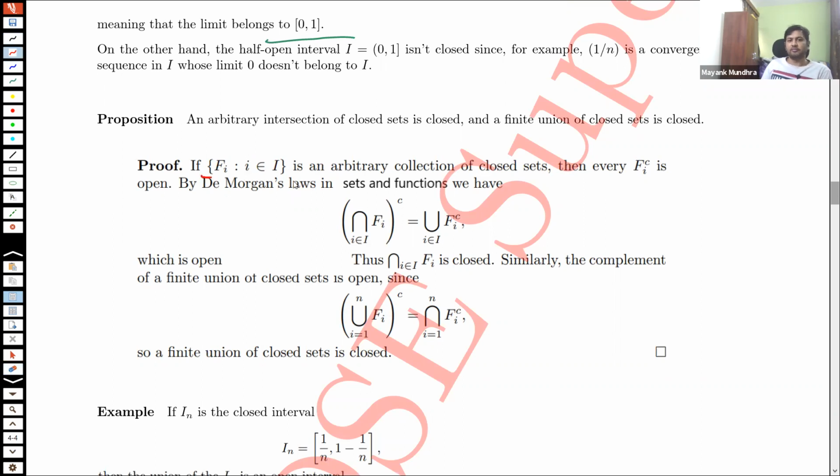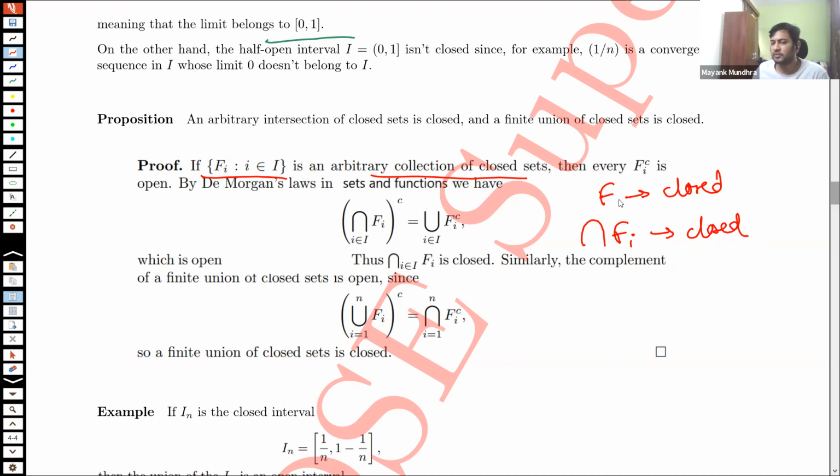Let F be an arbitrary collection of closed sets. So each Fi is closed, we need to show that the intersection of Fi is closed. Now, since each Fi is closed, what it means is that Fi complement is open, because that's the relationship.